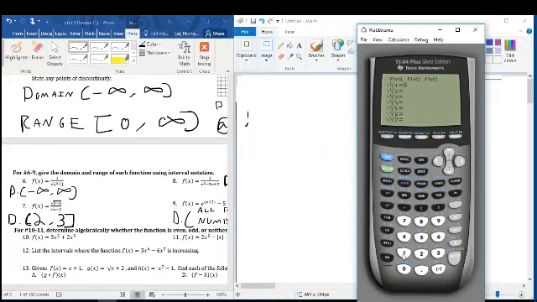So the first function is 1 divided by the square root of x squared plus 1.